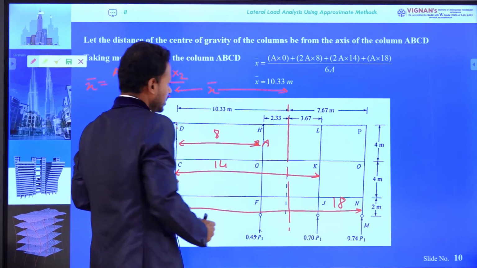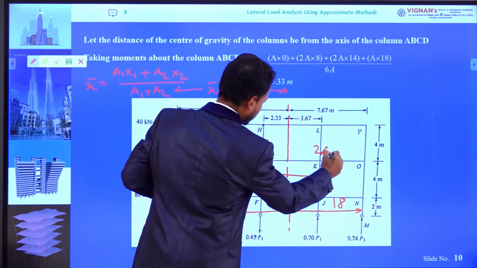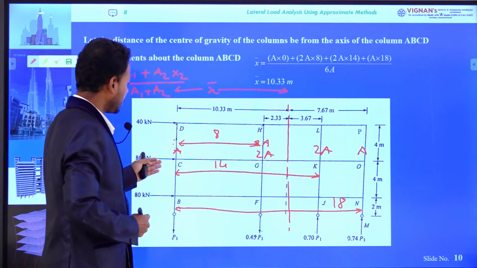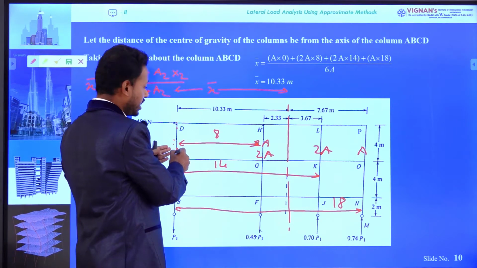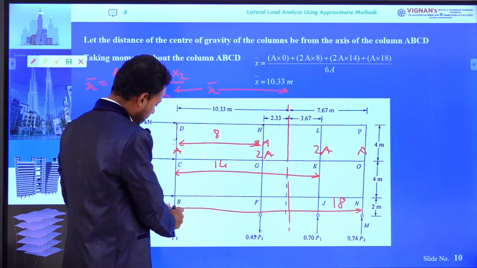We are calculating the distance from here, so the distance of column AB from this point is 0.